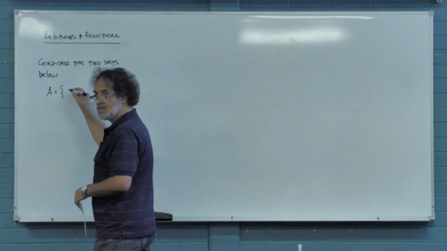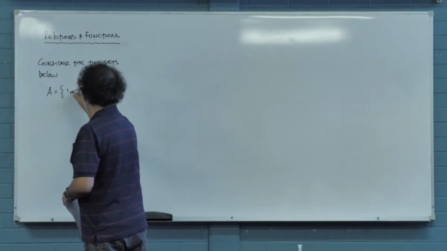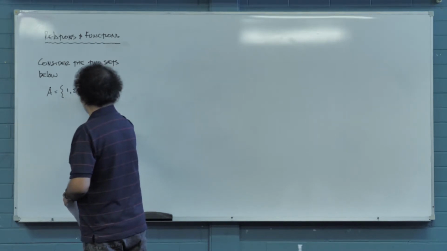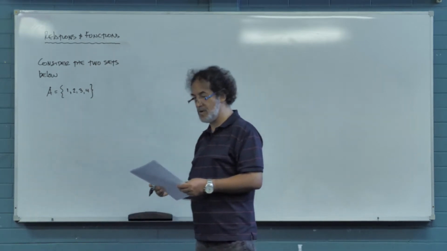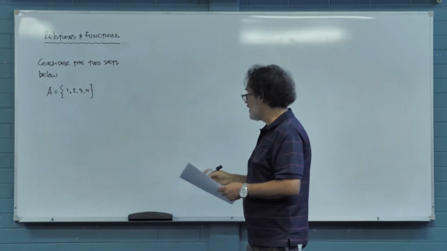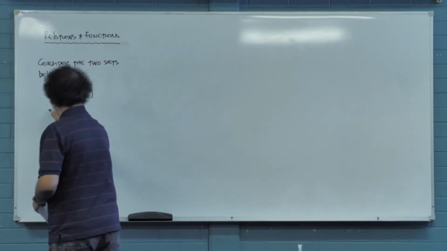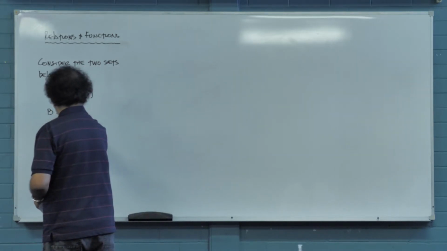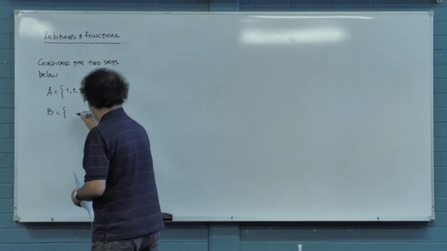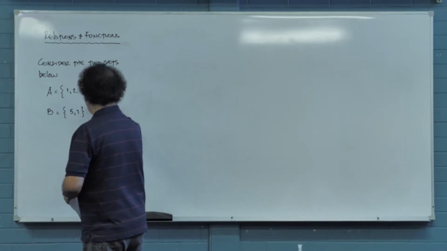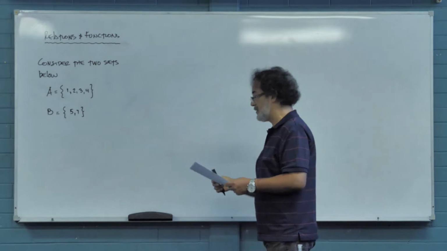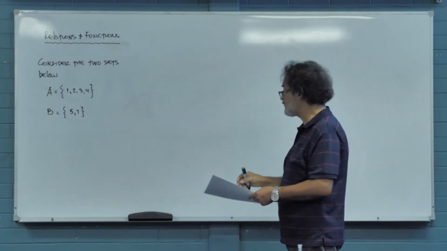This is the set A of 1, 2, 3, and 4. That means that this set has 4 elements. And let's have another one, B, and we're going to have 5 and 7. So these are two different sets of numbers.